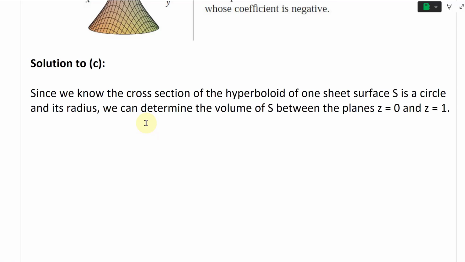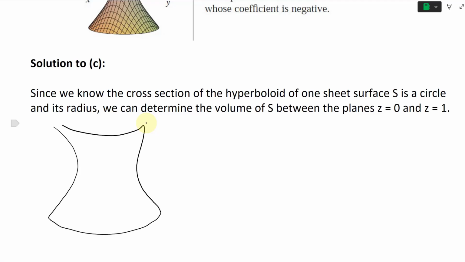So if we have, let's say, our hyperboloid of one sheet like this. So it looks like I'll do a cross section right here. So let's say we had, I'll just do the full thing like that. That's the full thing. So we're going to do two planes like this, and cut one of them there, and then one is slightly higher like this.